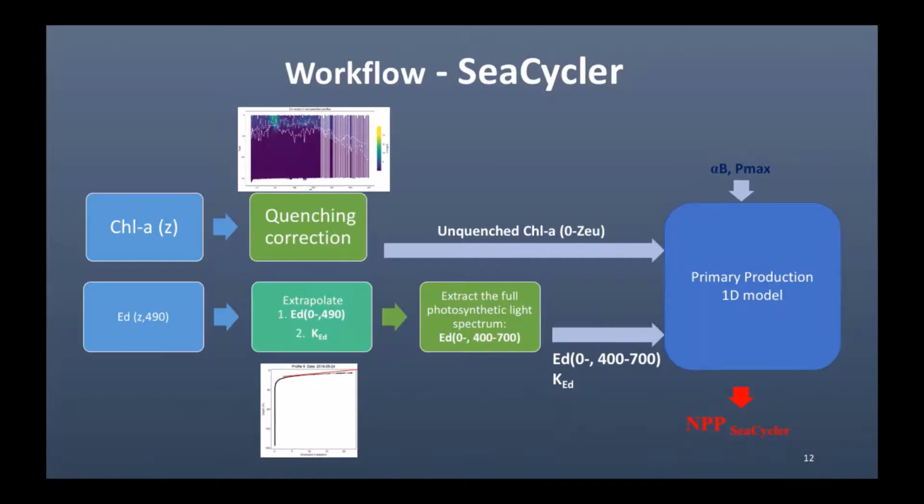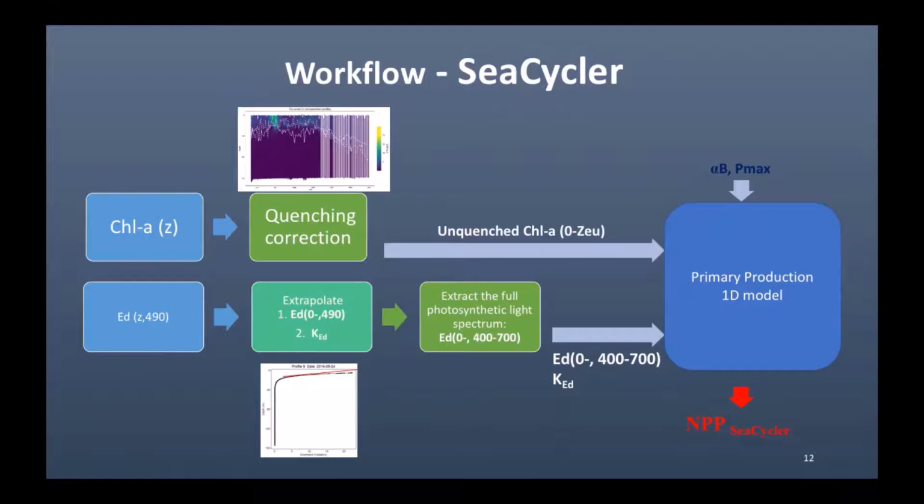For the downward irradiance profile, we use the curve and the logarithmic relationship to extract the downward irradiance just below the sea surface, and we also calculate the diffuse attenuation coefficient of this downward irradiance for each profile.